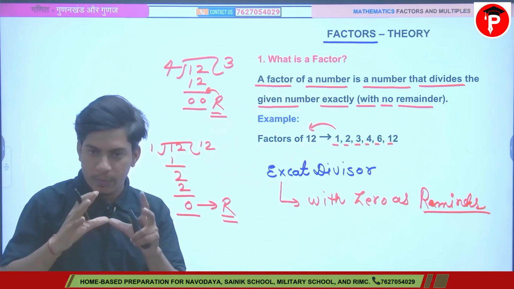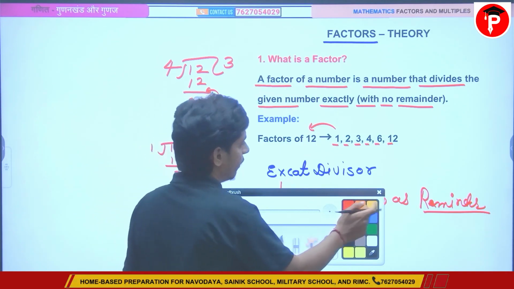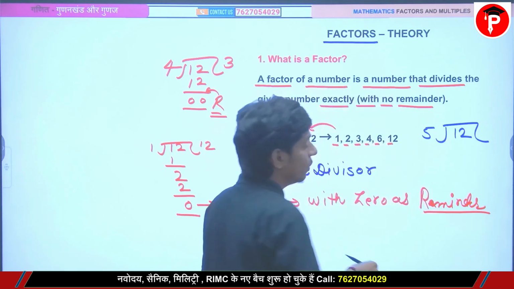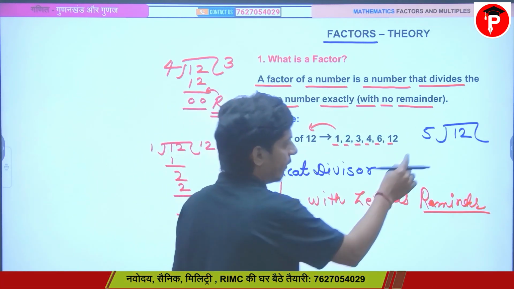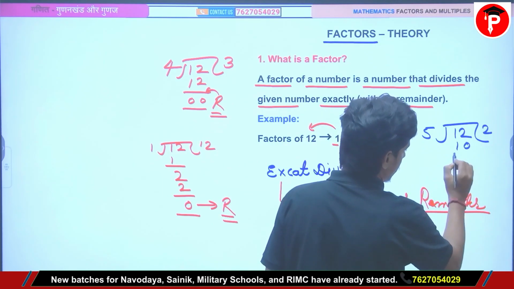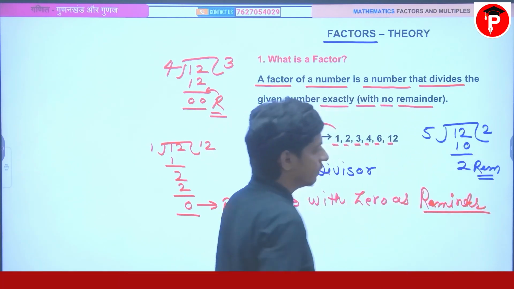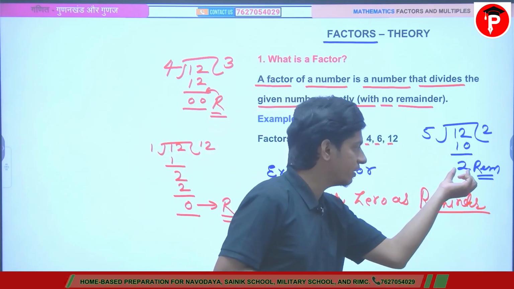Now don't be confused. You will ask, sir, what will happen if we divide 12 by 5? Yes, you can divide 12 by any number. If you divide 12 by 5, you will get 2 as remainder. This means the division is not complete. We are left with a remainder, which is 2.